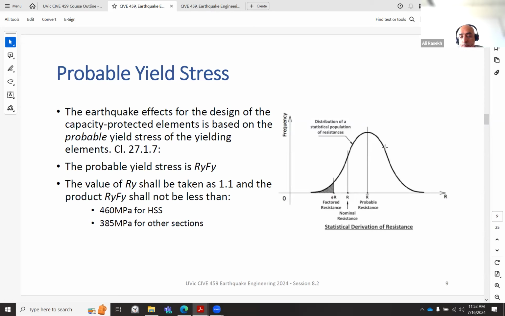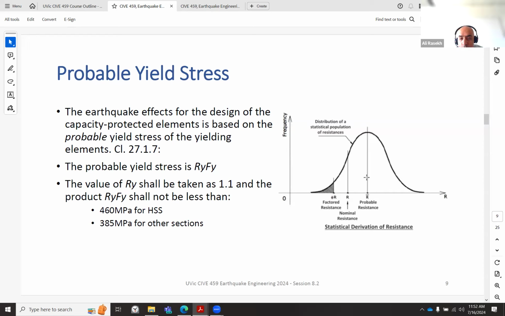One sample shows a higher yielding, another sample shows a smaller yielding, and they create this curve of the variation of the yielding value with numbers, like the frequency of how many of them have a certain value.